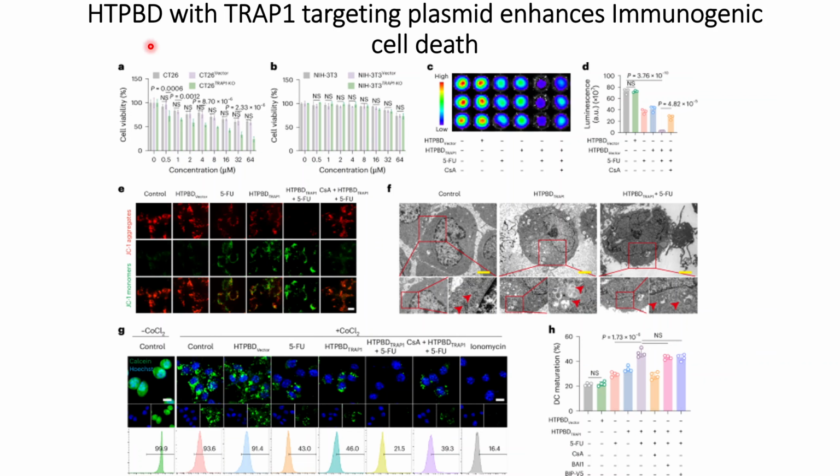In this video we will discuss how HTPBD with a TRAP1 targeting plasmid enhances chemotherapy that can cause immunogenic cell death. So we will discuss how they came to these conclusions.